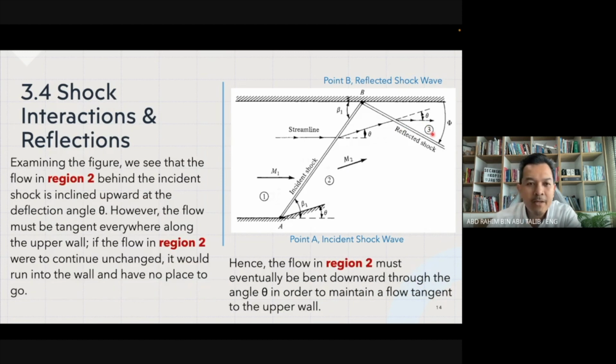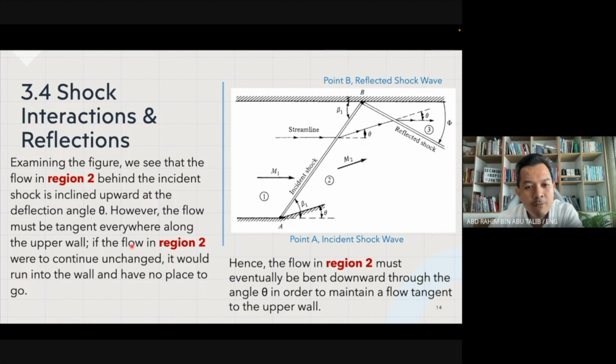Examining the figure, we see that the flow in region 2, behind the incident shock, is inclined upward at the deflection angle theta. However, the flow must be tangent everywhere along the upper wall. This is the lower wall, this is the upper wall.